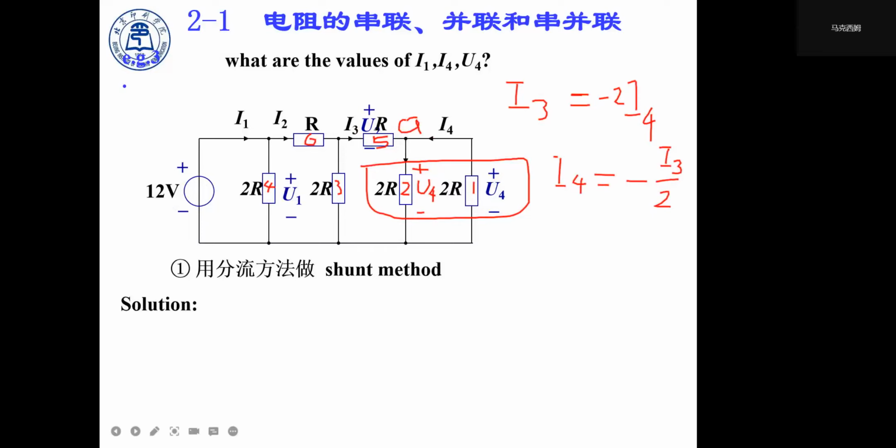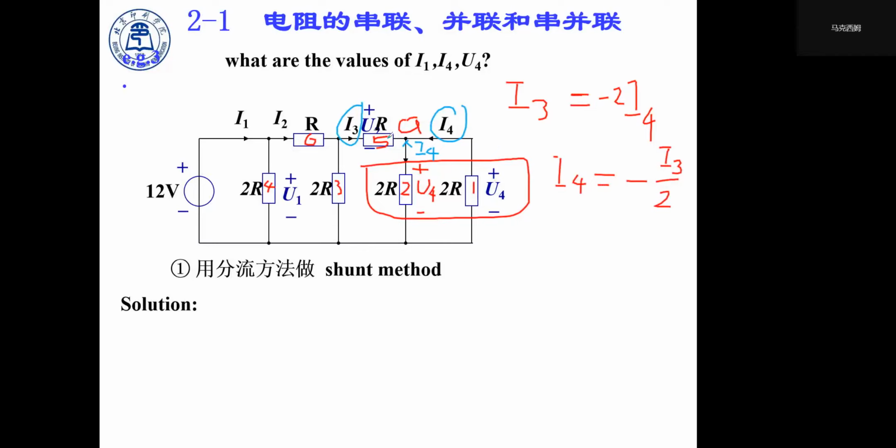We copy. Could you follow? This one is I3, this one is I4. And we know that resistor 2 and resistor 1, their branches are identical in a parallel form. So we can assume that resistor 2 has the same current as resistor 1, right?